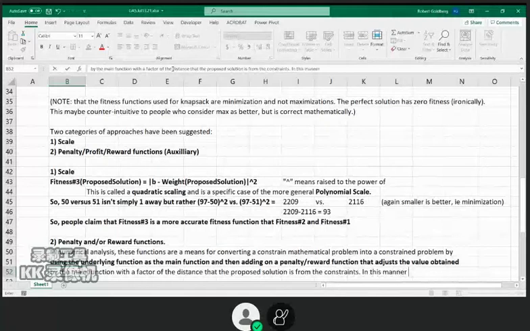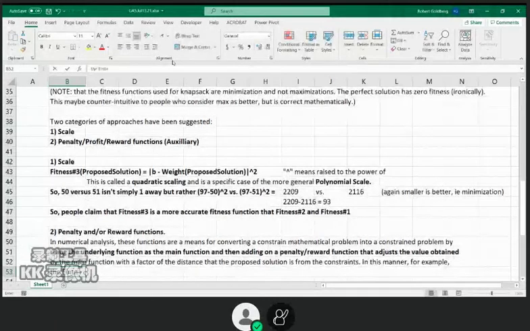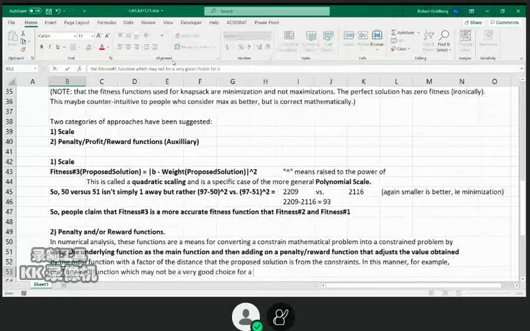In this manner, for example, the fitness number one function, which may not be a very good choice for this function, could be the basis of a very good penalty function.